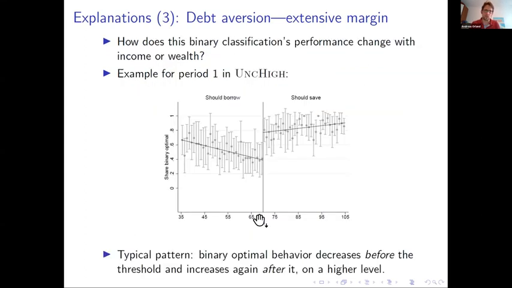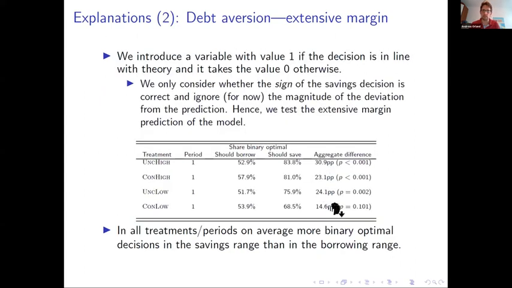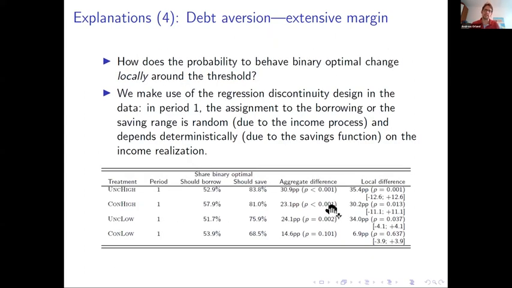So what I showed you in this table is the aggregate difference. Now we look at the local difference. We have basically a regression discontinuity design, an RDD, in our data. In period 1, the assignment to the borrowing or saving range is random because of the income process, and it depends deterministically on the savings function.